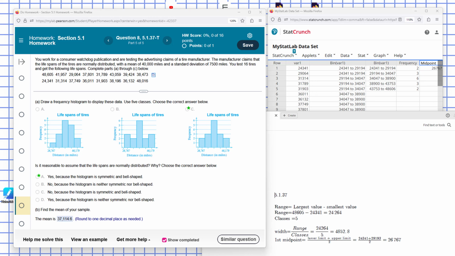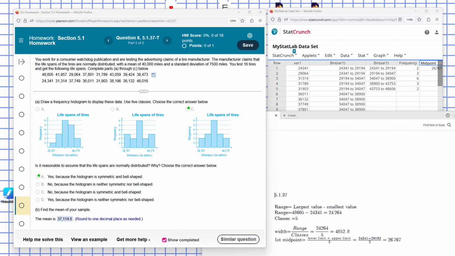The manufacturer claims that the lifespans of the tires are normally distributed with a mean of 40,000 miles and a standard deviation of 7,500 miles. You test 16 tires and get the following lifespans. Complete parts A through C below.